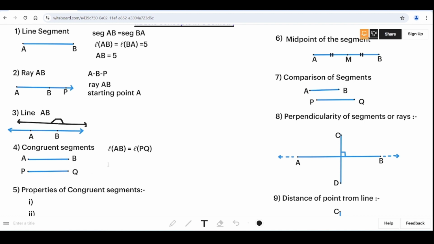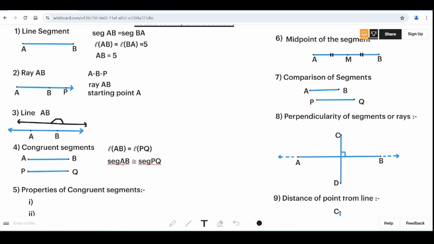Then we can say that segment AB is congruent to segment PQ. This is the symbol for congruent.